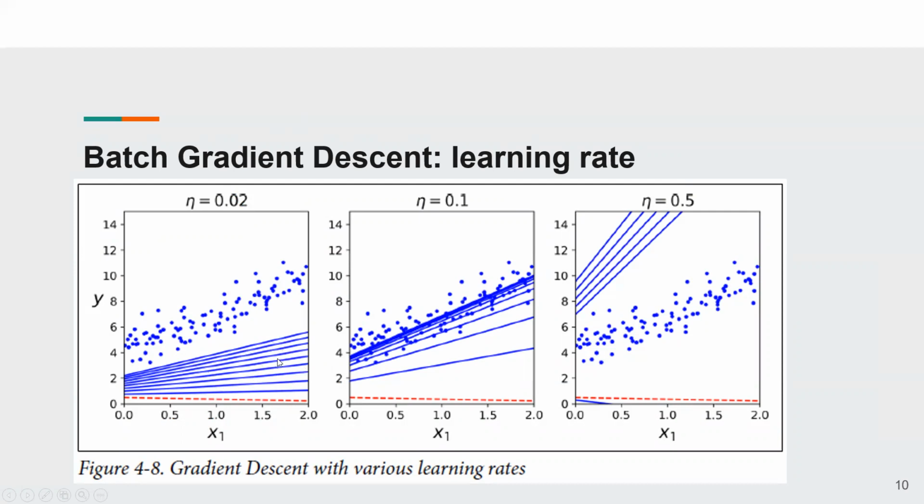Even for 10 iterations, it still cannot find the right solution. And when eta is too big, 2.5, it just jumps around and is not able to get close to the optimal solution. When eta is 0.1, within about 5 steps, it's already very close to the final optimal solution of the theta estimate.